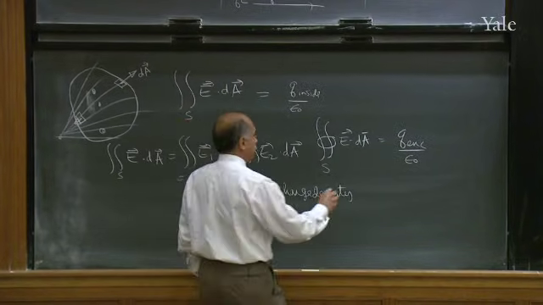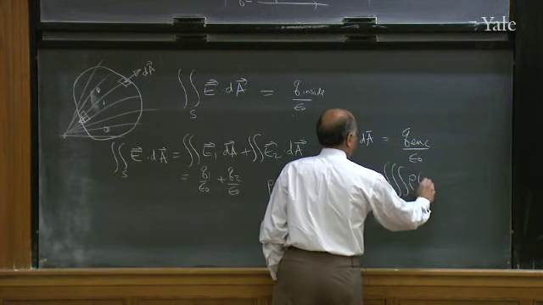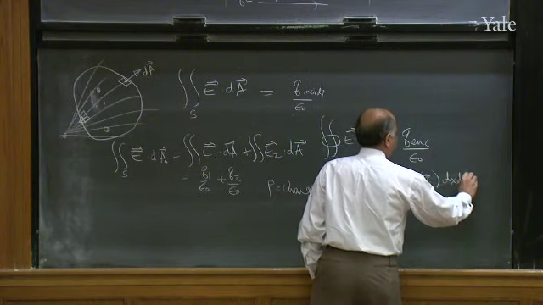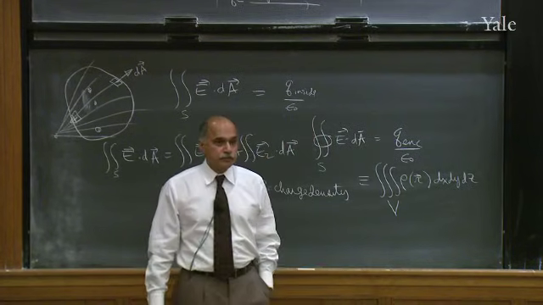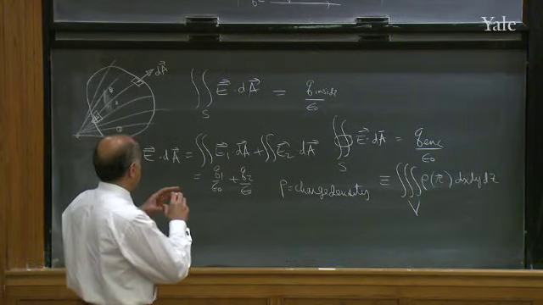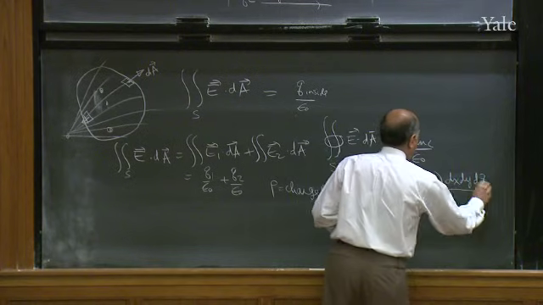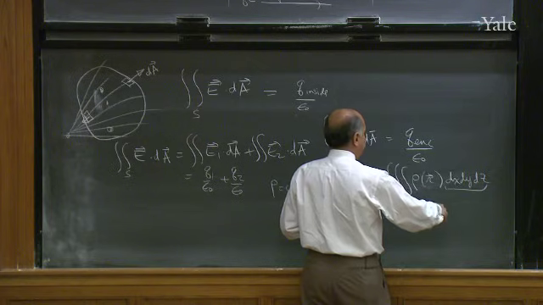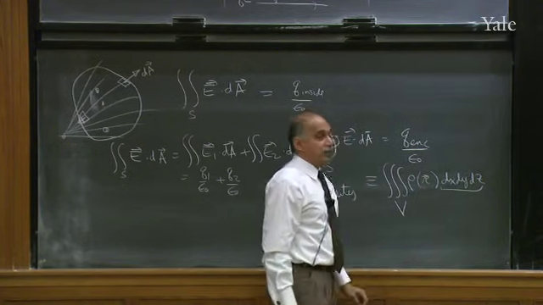I claim the answer is you do a volume integral of rho at any point r inside times dx, dy, dz inside that volume. You know, if you want to say how many coulombs are there, well, divide the volume into tiny cubes of size dx, dy, dz. That times the rho of r, meaning rho at x, y, and z, is the charge inside the cube. You add it all up, you get the charge enclosed in that funny shaped object.